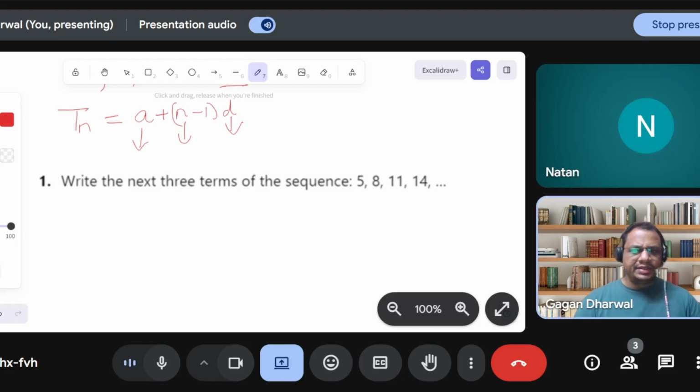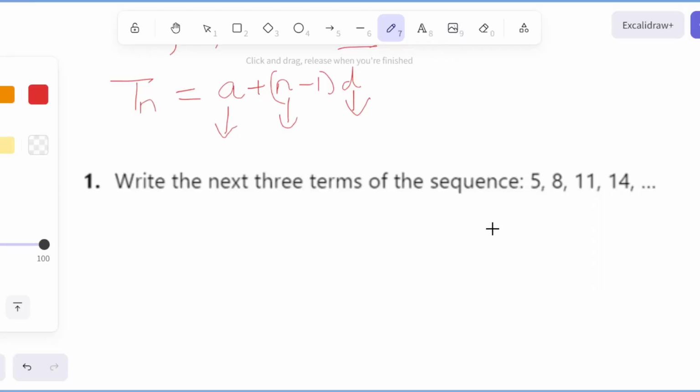What will be the next three terms? What is the a here? What is the first term, Nathan? Always first write out what a is. So what is a equal to here? a equals 5, because that's the first term.